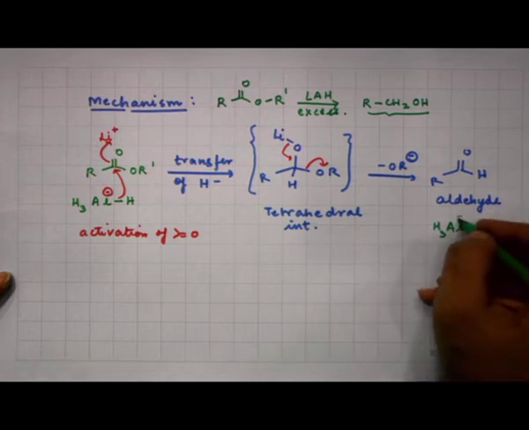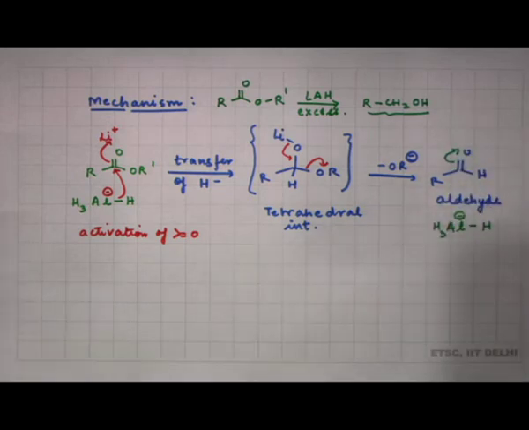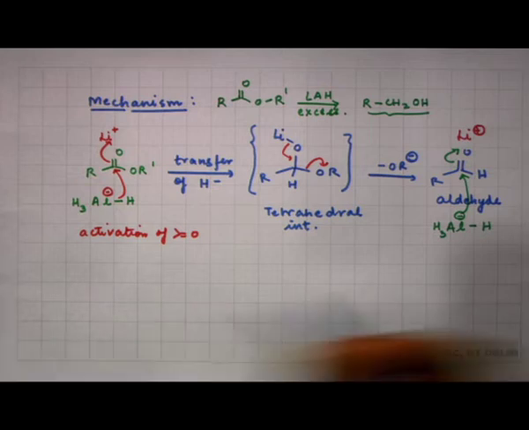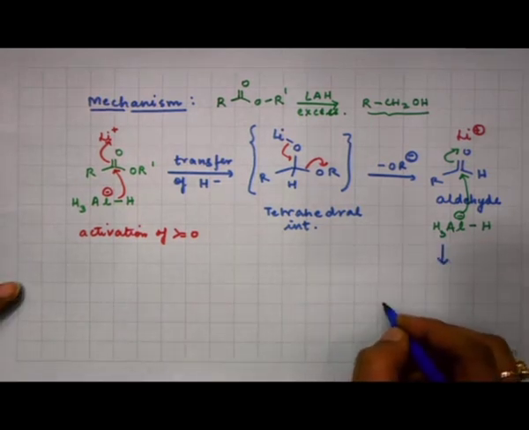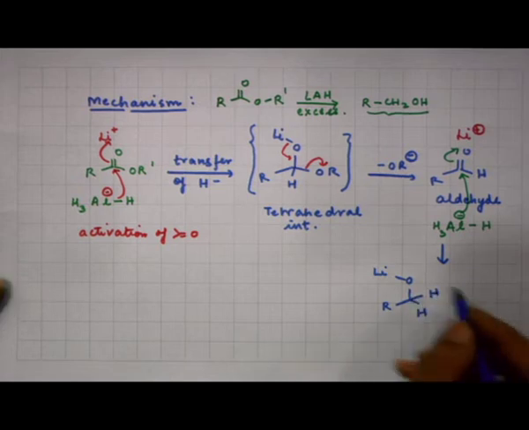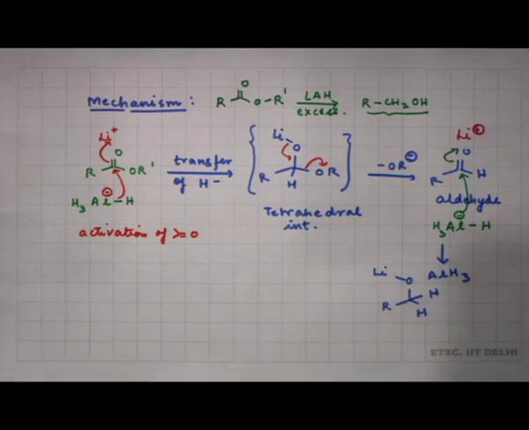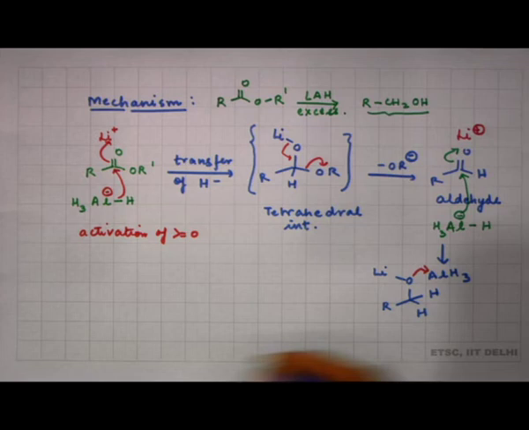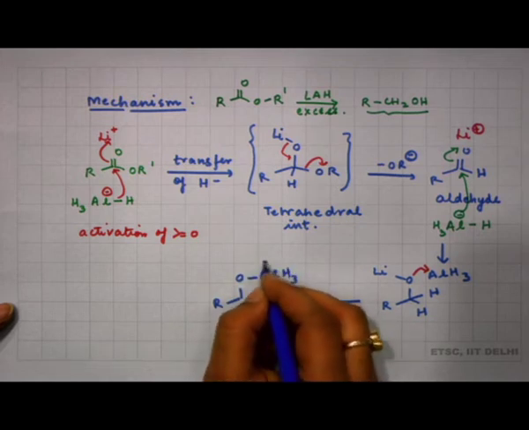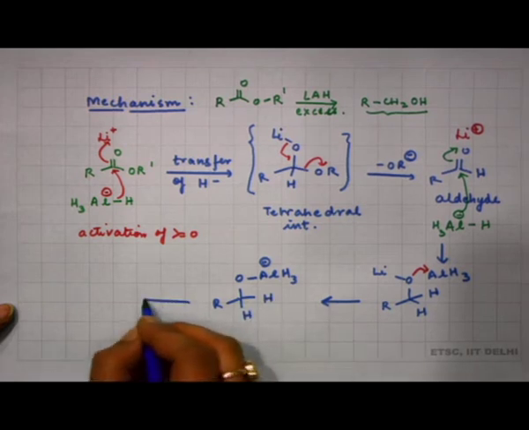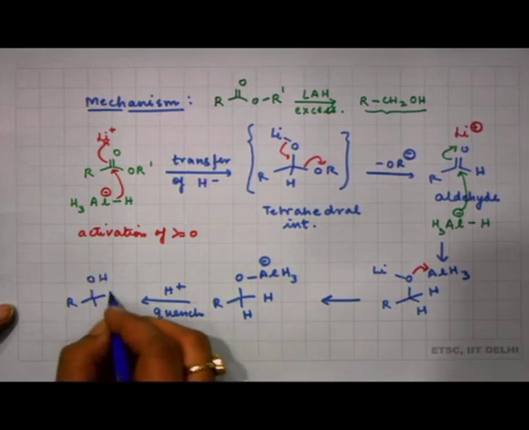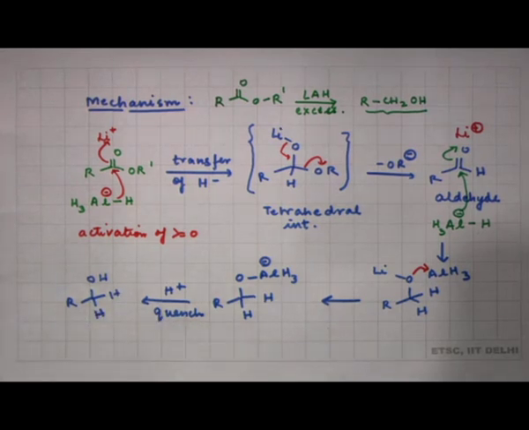You again have the lithium aluminium hydride sitting there in the system and it reacts with the aldehyde which is generated one more time and it gives you the corresponding intermediate, which now transforms to this intermediate and then can be quenched in the presence of any proton source to give you the corresponding alcohol.